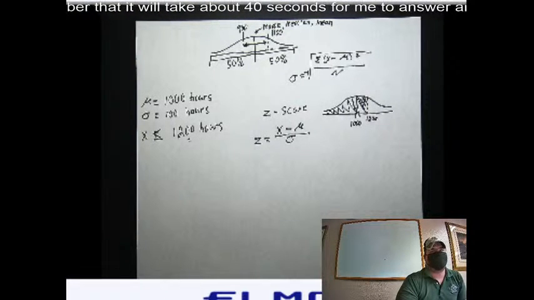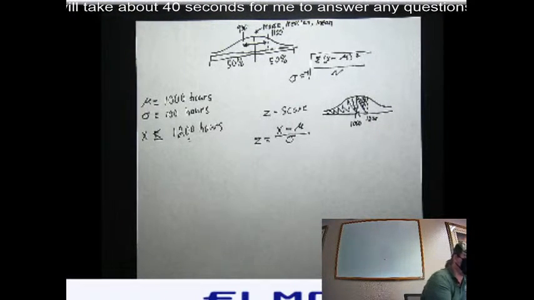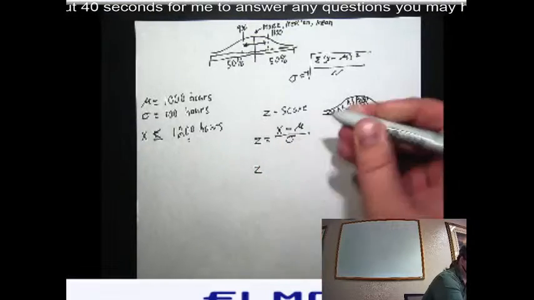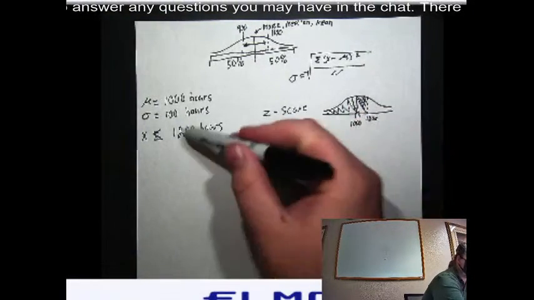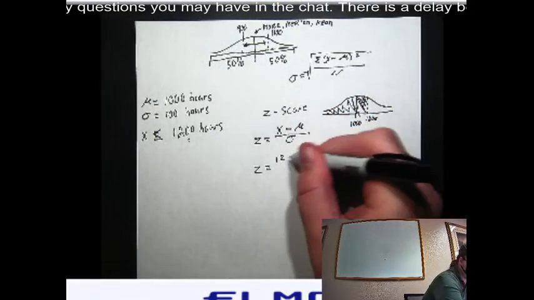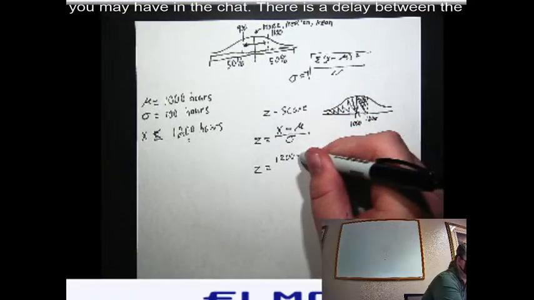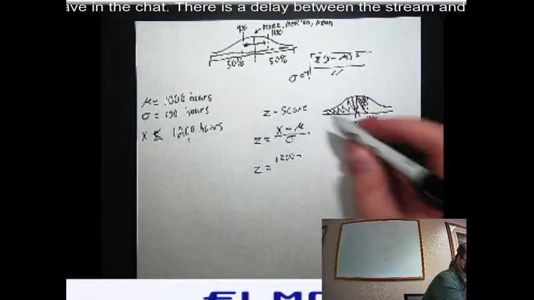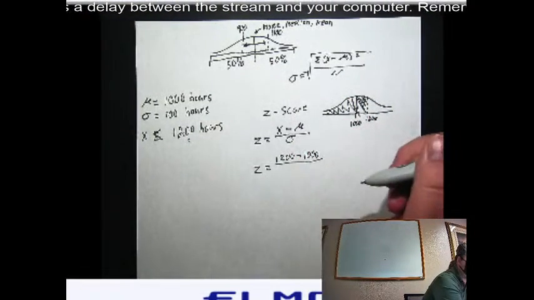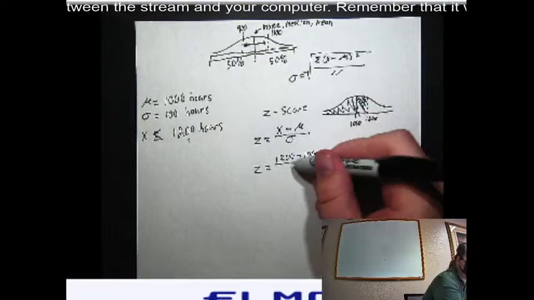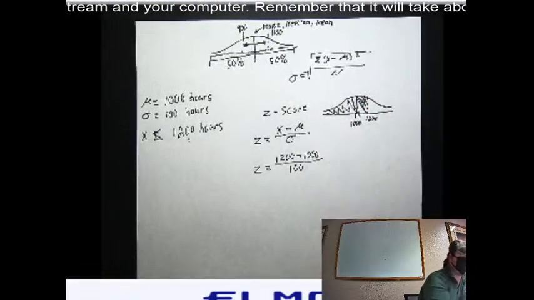So let's go ahead and plug in some numbers here. Again, z equals x minus the mean. So x in this case is 1,200, minus the mean is 1,000, divided by the standard deviation, 100.